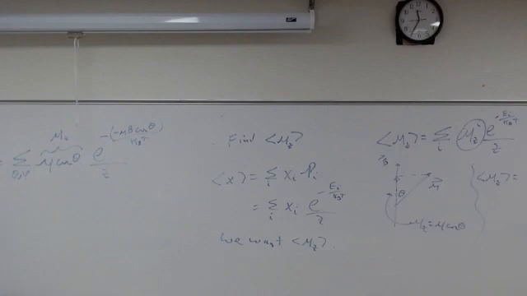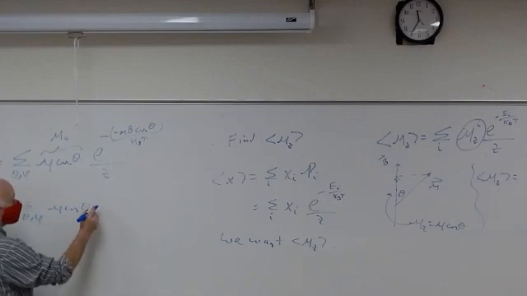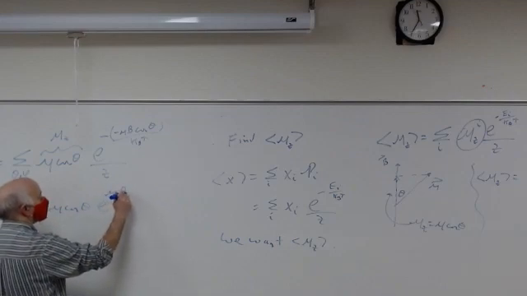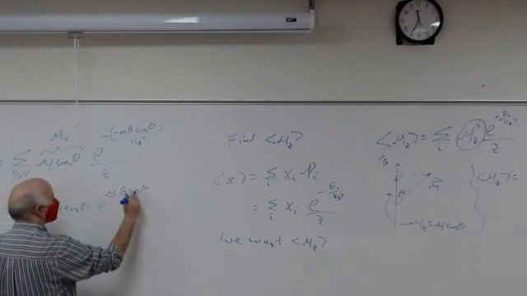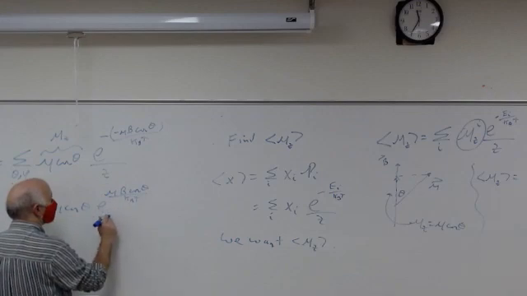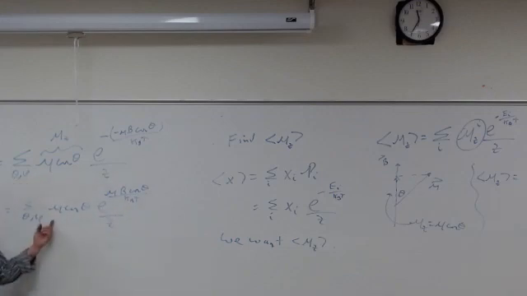Now we've seen this little trick before. How can I get a mu cosine of theta?